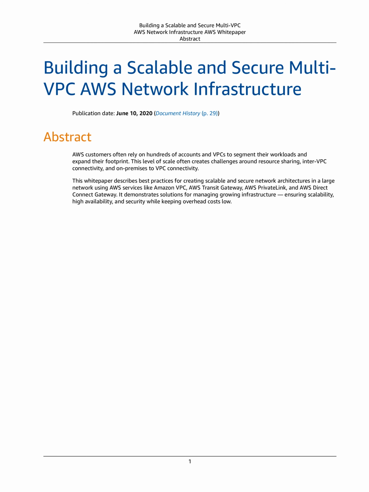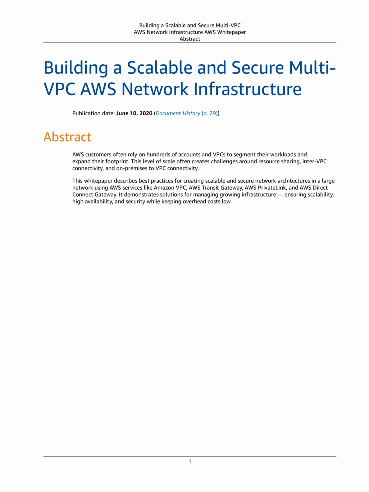Building a Scalable and Secure Multi-VPC AWS Network Infrastructure. Abstract. AWS customers often rely on hundreds of accounts and VPCs to segment their workloads and expand their footprint. This level of scale often creates challenges around resource sharing, inter-VPC connectivity, and on-premises to VPC connectivity.